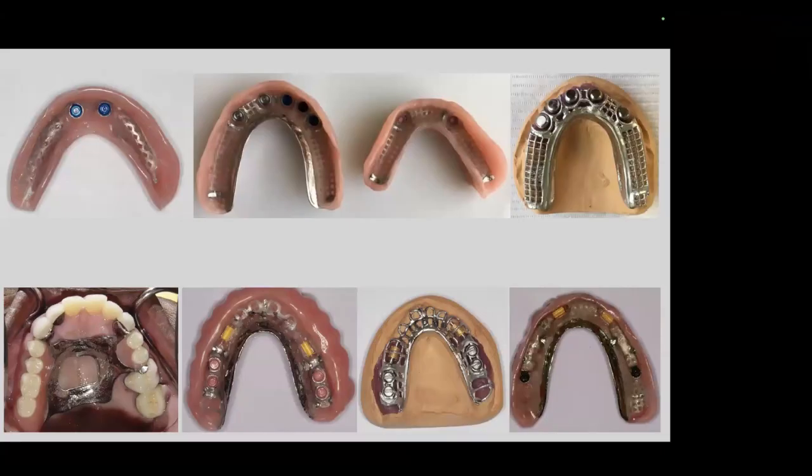So the clasp is just resisting displacement, right? Displacement in a vertical direction. Now they're going to get retention. So that's a really nice item that you can get for those patients in that manner.